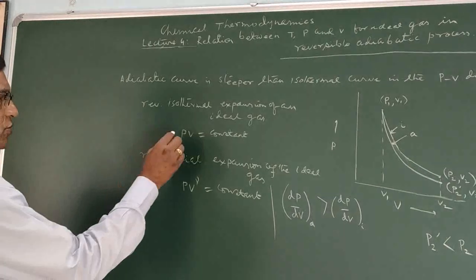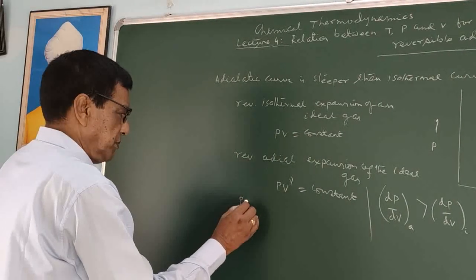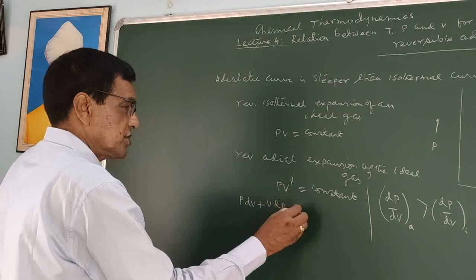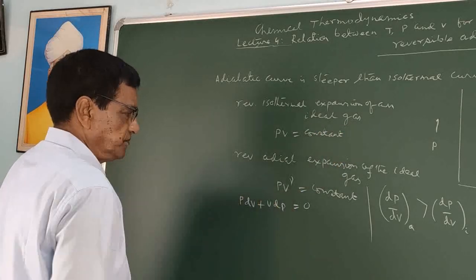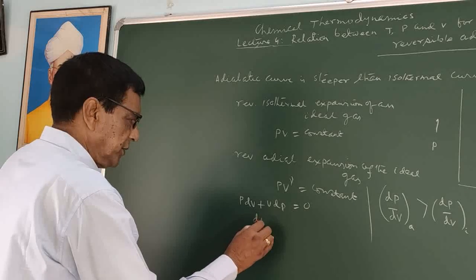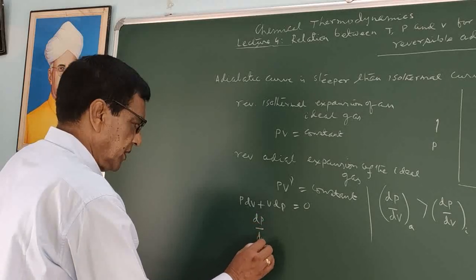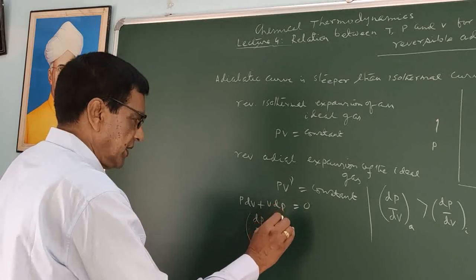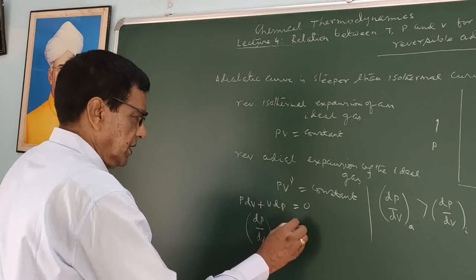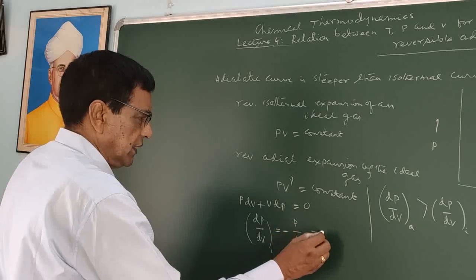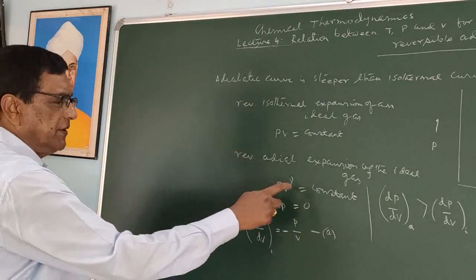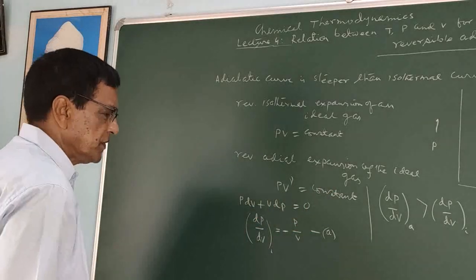For this isothermal process, it is PdV plus VdP equal to 0, since the differentiation of a constant is 0. Or dP by dV for this isothermal process equal to minus P by V, equation A. And for this adiabatic process, this is the relation.